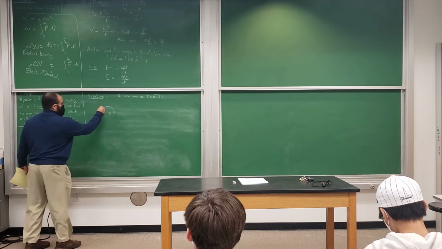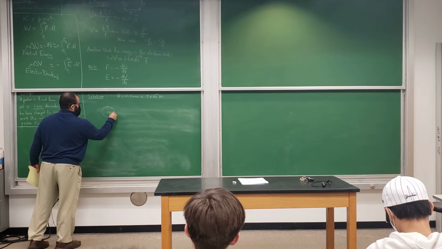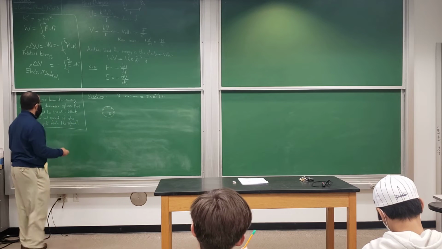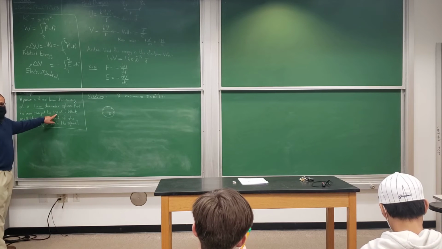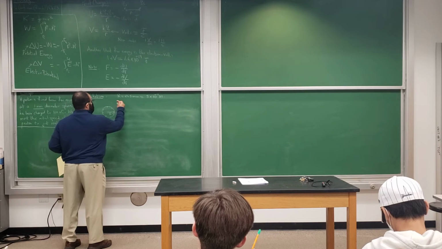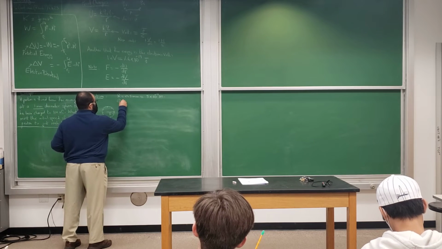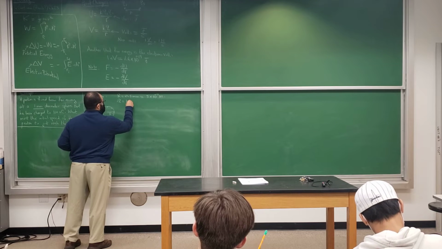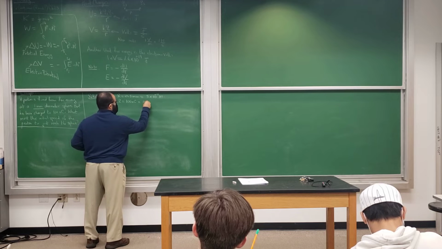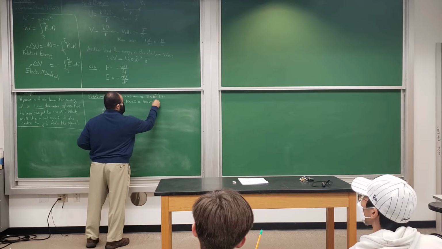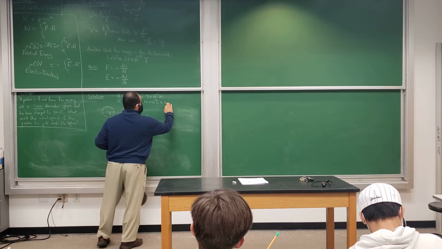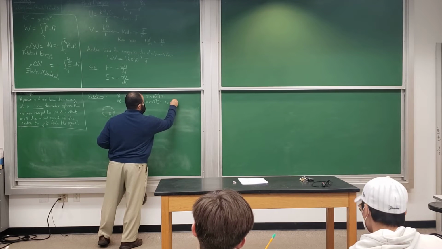The sphere is positively charged. How much charge does it have? Capital Q, the charge of the sphere, is 100 nanocoulombs, which is 100 times 10 to the minus 9 coulombs, or 1 times 10 to the minus 7 coulombs.